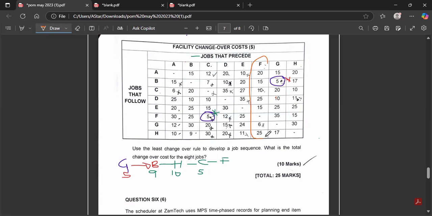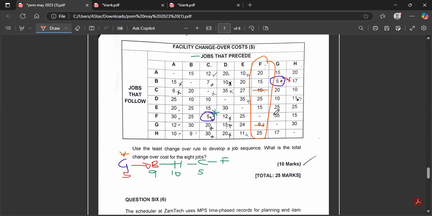What's the smallest? 6. What's the smallest in F? 6. But G is taken, it is here already. You build up. Where do we go? We check 10. C is taken also. You build up.